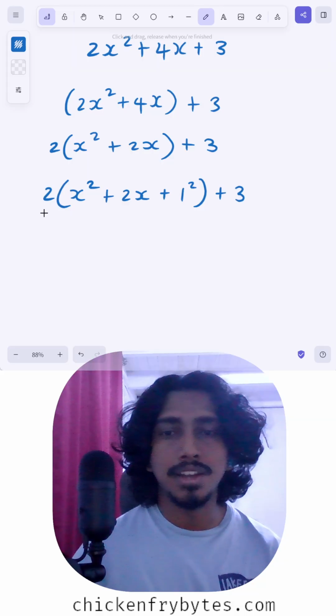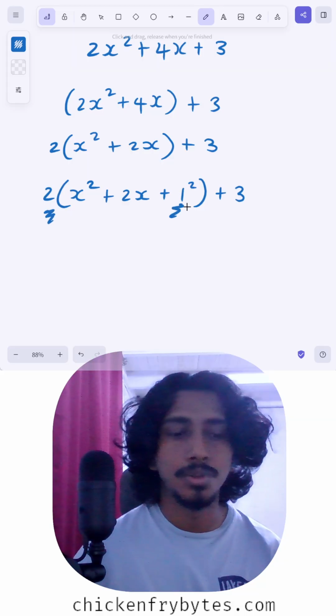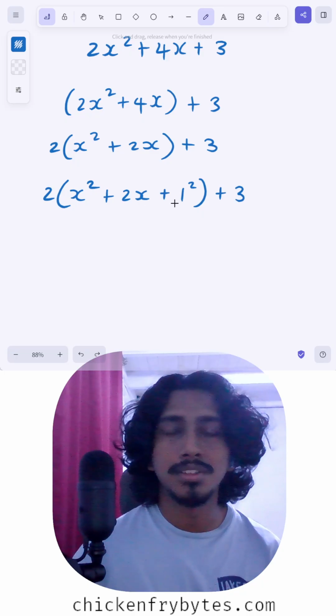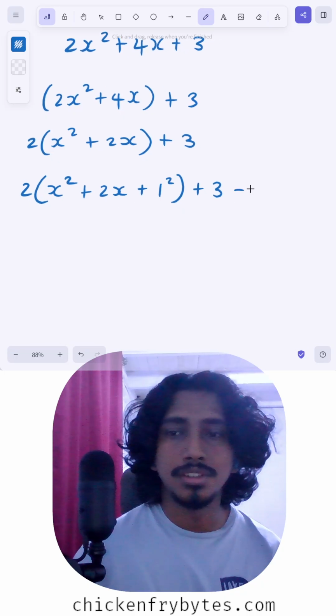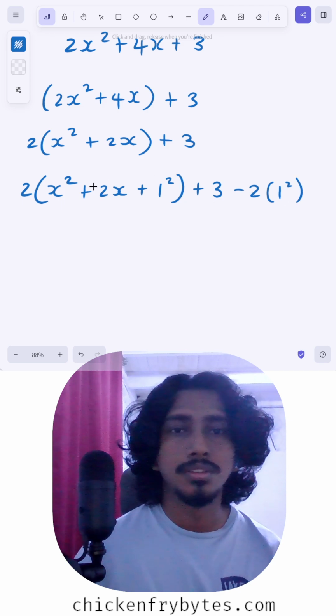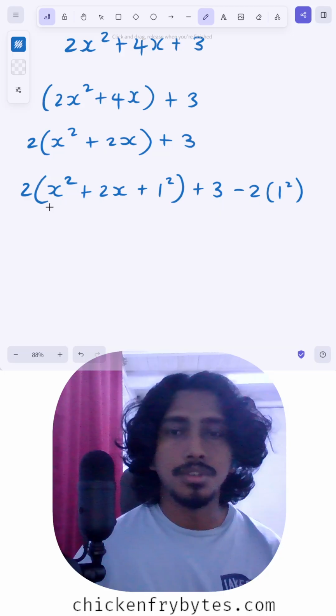And so we technically added 2 by 1 squared to the bracket. And so we need to subtract 2 by 1 squared from the outside, right? To make it balanced out. And so the next step is we take this bracket and we condense it.